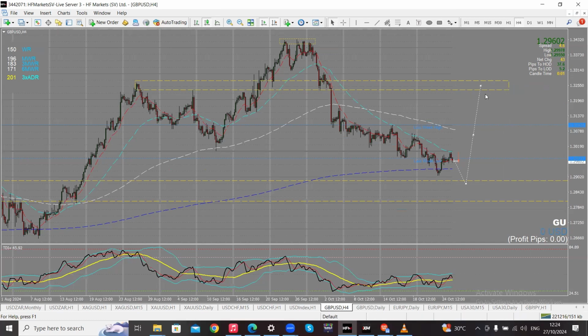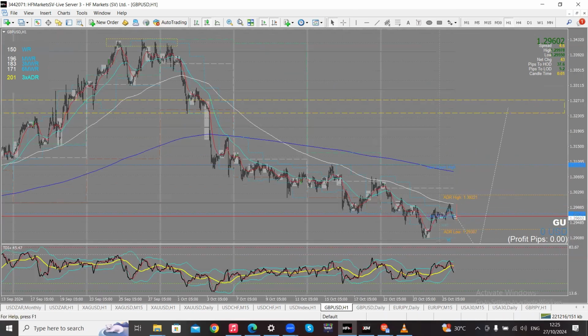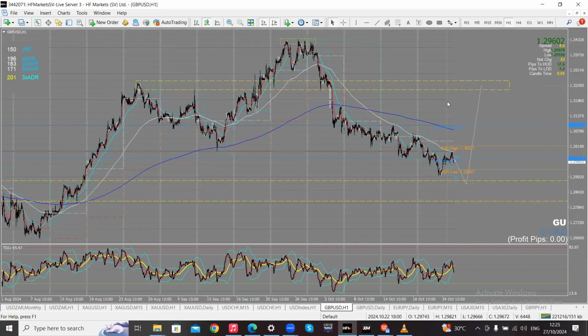So I think price would likely come into this area. From a 1-hour perspective, it is actually also showing likely the same move, and price would likely come into this area so that it could possibly go up.